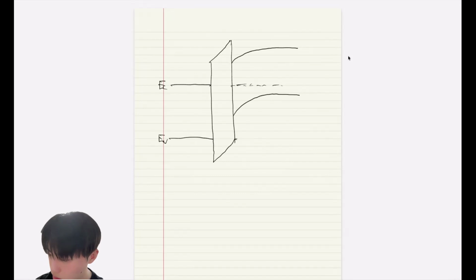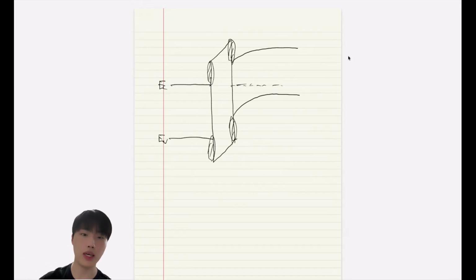So this part is the band offset, and this should be maintained. And we have the Fermi level constant on it.